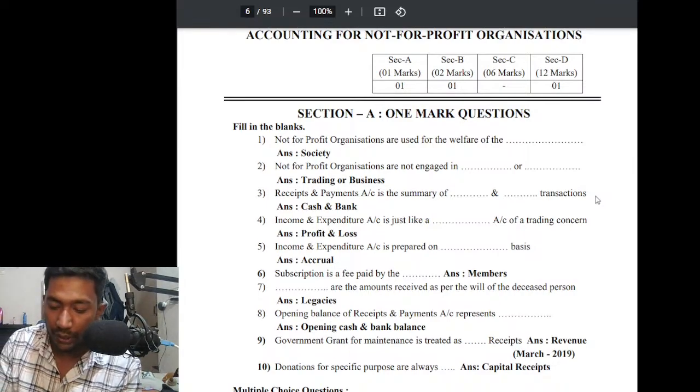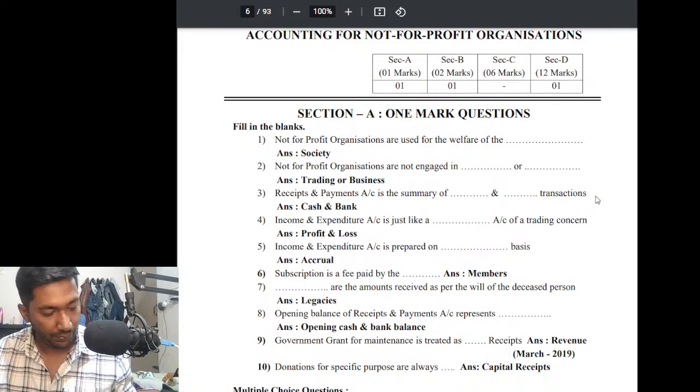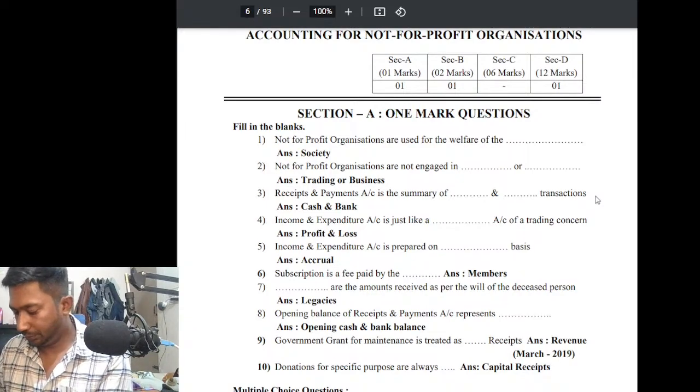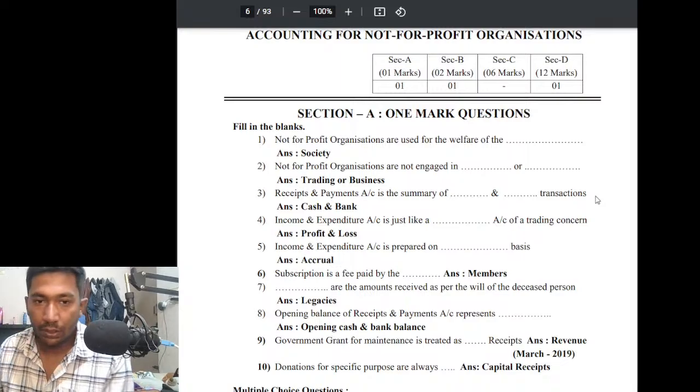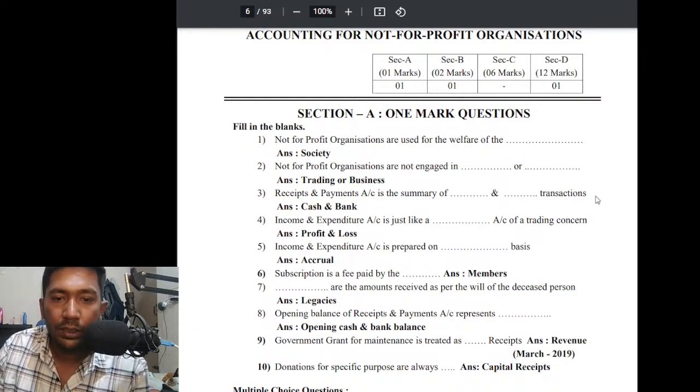So here receipt and payment is nothing but cash and bank transactions. Receipt and payment is also known as cash book.